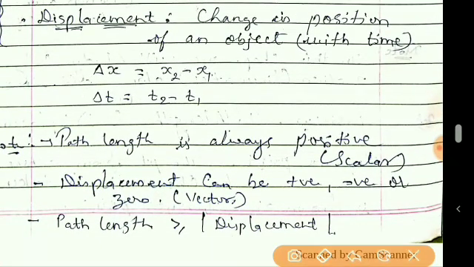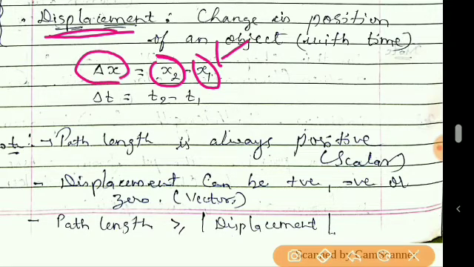Now whenever we want to find the displacement, the initial position and the final position should be mentioned, and to obtain the displacement it is always final position minus initial position, and for that displacement some time is taken, so the final time minus initial time is to be considered.